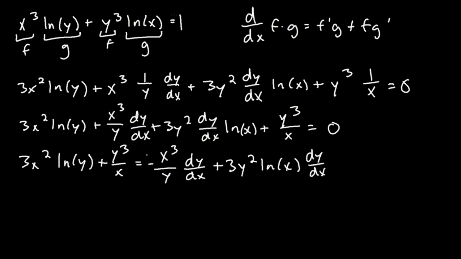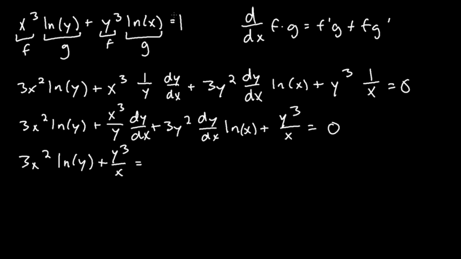We can factor out dy over dx. You guys already know what I did here, so I'm just going to erase this and then factor out dy over dx. So factoring out dy over dx, you get negative x cubed over y minus 3y squared times ln of x.